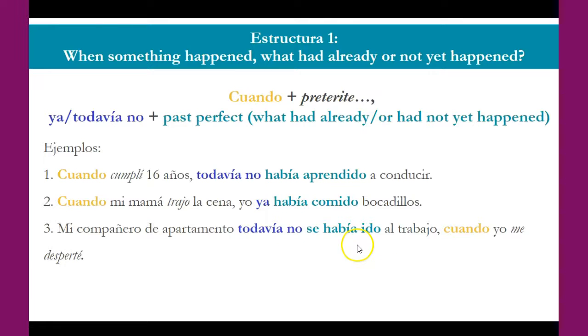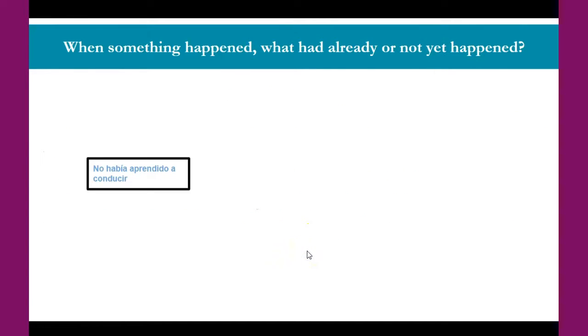So todavía no always goes in front of the past perfect, and if the past participle is a reflexive verb, here you can see the reflexive pronoun conjugated according to the subject, right? So todavía no is placed before the reflexive pronoun. And we're going to do some examples right now.